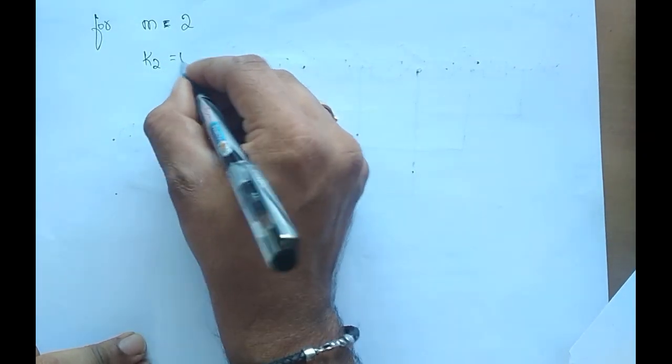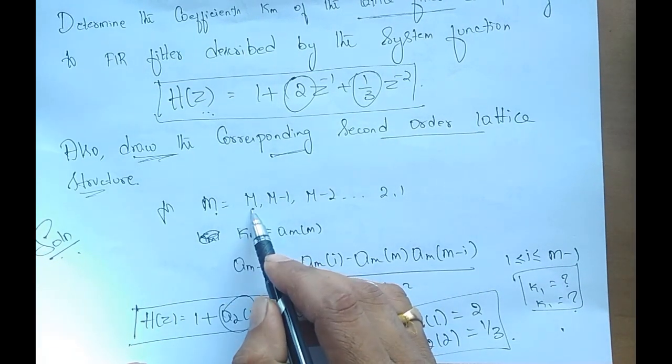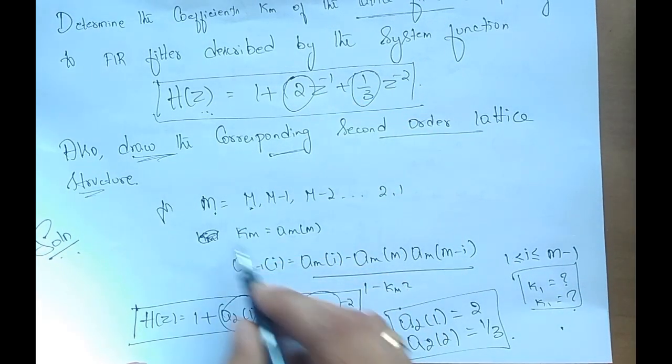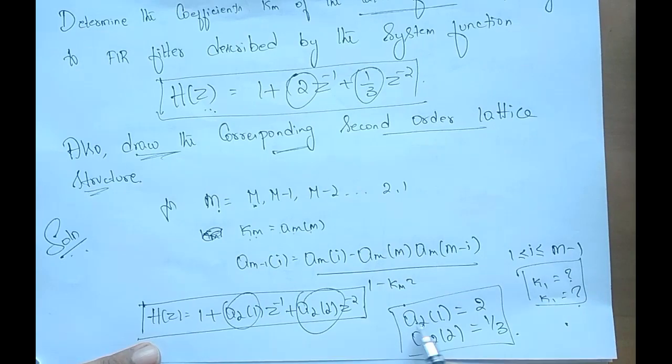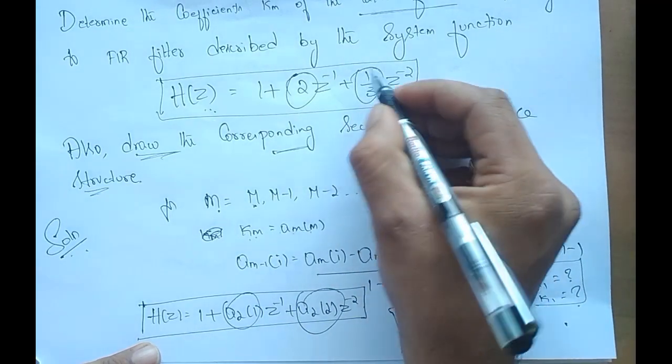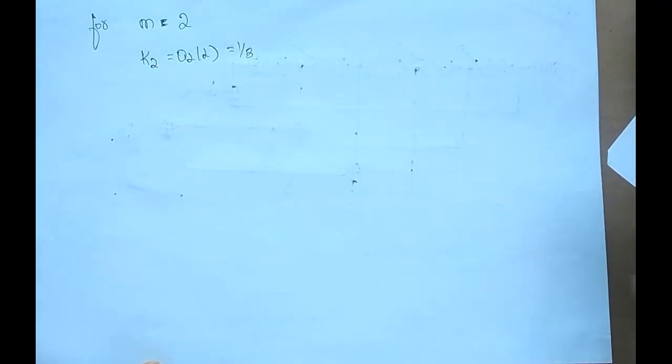It is equal to a2 of 2, right? Because the given order is 2. But what is a2 of 2? a2 of 2 is 1 by 3, given. So we got k2.